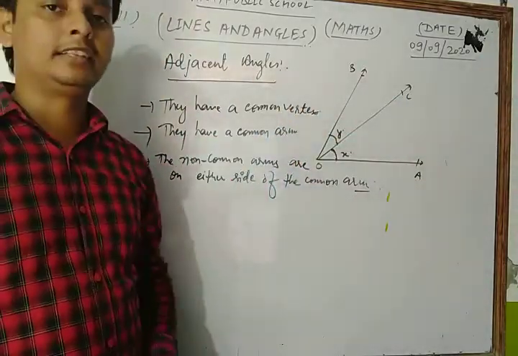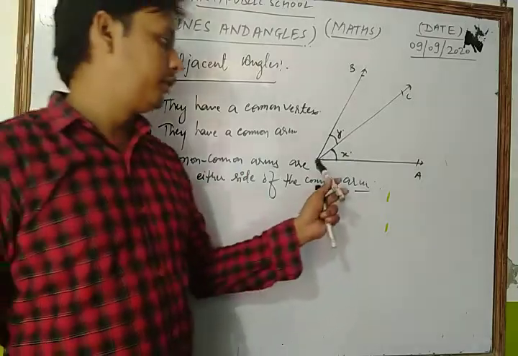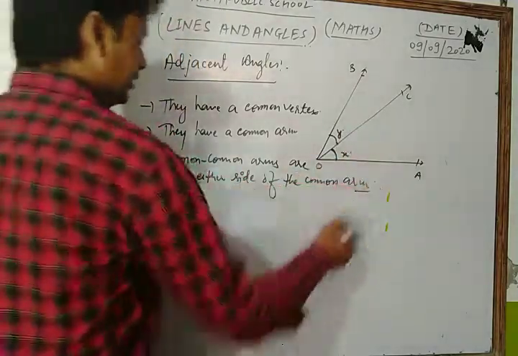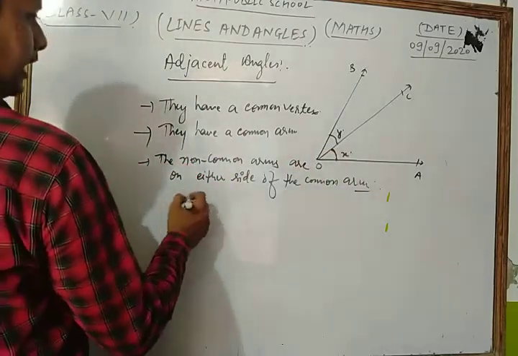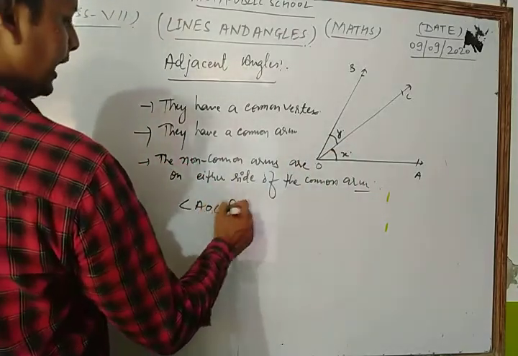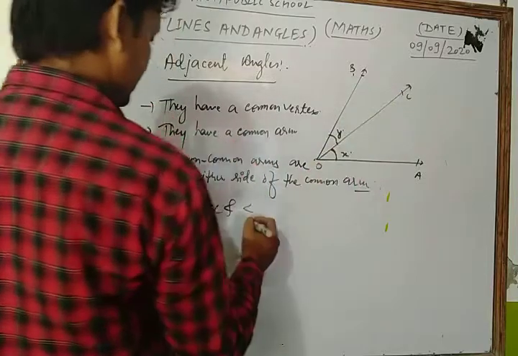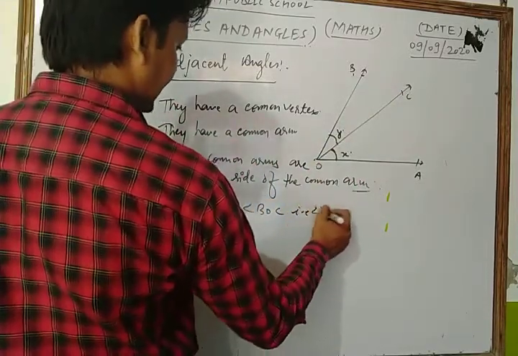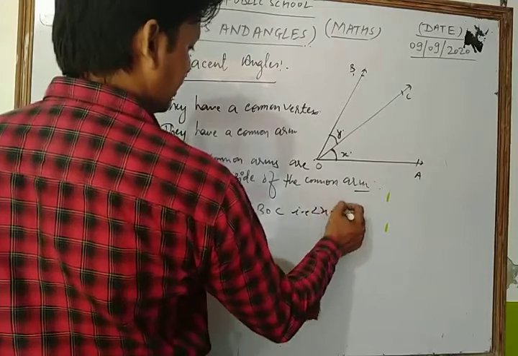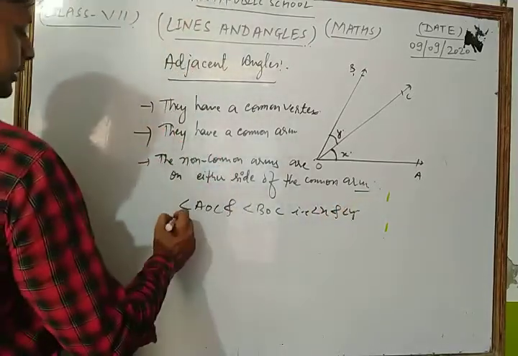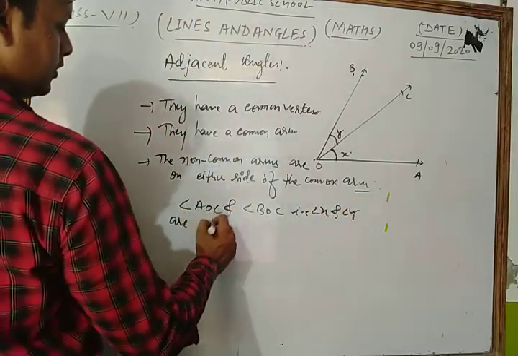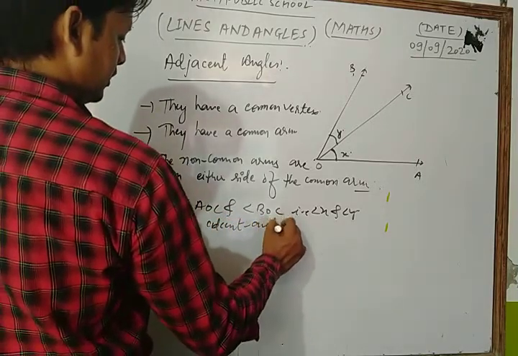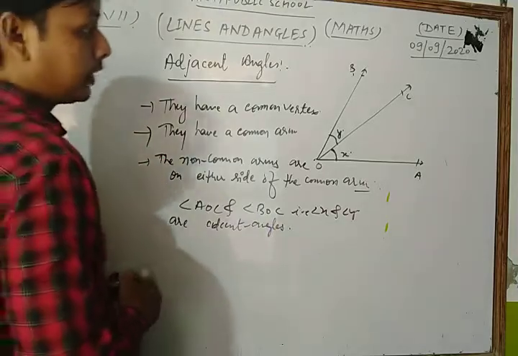Now look at this figure, dear students. Here we draw rays OA, OC and OB. Here the angles in that figure, dear students, are angle AOC and angle BOC. Angle BOC, that is angle x, and angle y are adjacent angles. Why?